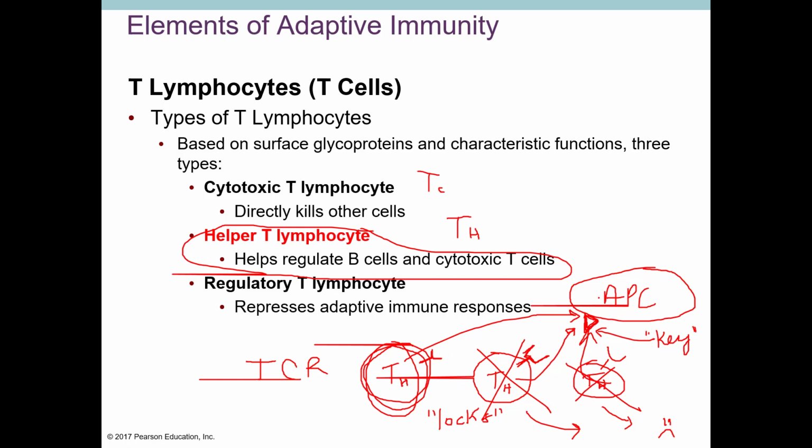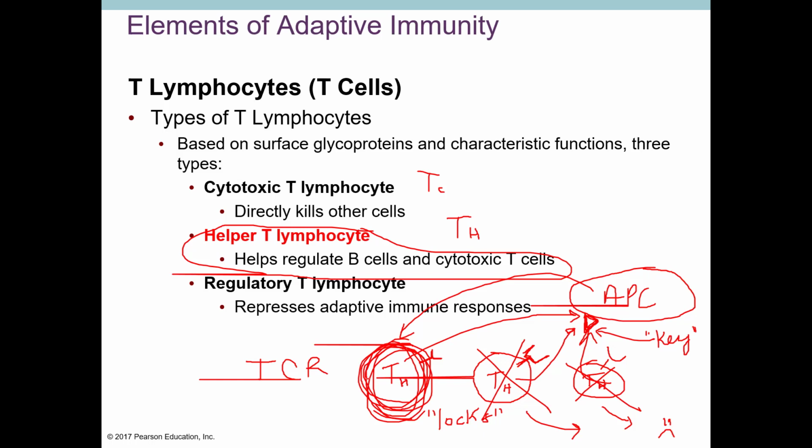But this one fits, so when this receptor is attached onto the epitope, the presented antigen, that activates a reaction in which the APC stimulates this particular T helper cell to proliferate, cell division.